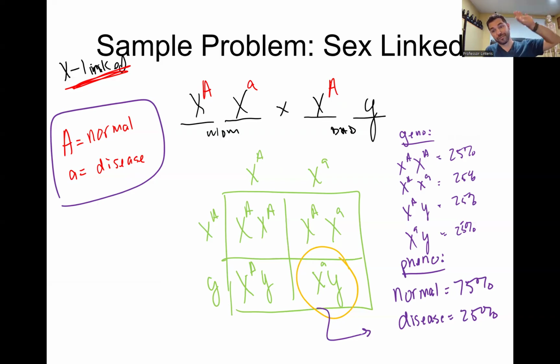So we have transcription translation problems. We have the normal autosomal or regular practice that we just did. And then we have the second type, aka third question, which is the X-linked or sex-linked Punnett square.